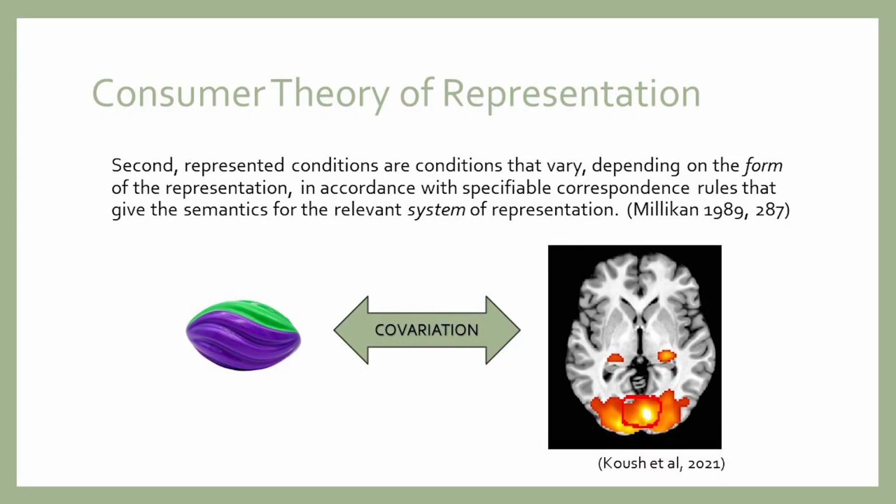And the second condition, in her words, is that represented conditions are conditions that vary depending on the form of the representation, in accordance with specifiable correspondence rules that give the semantics for the relevant system of representation. The second condition specifies that the way the representation functions for the system is by their correspondence to the object represented.